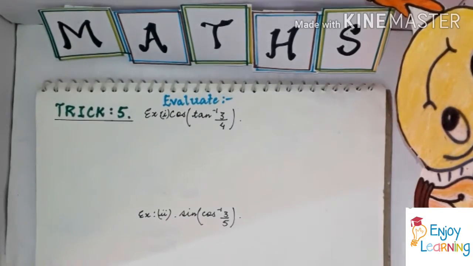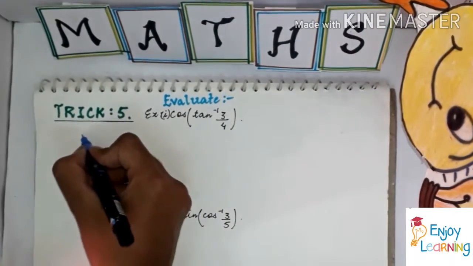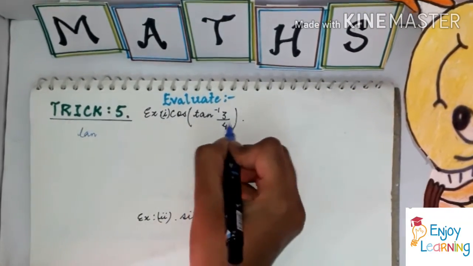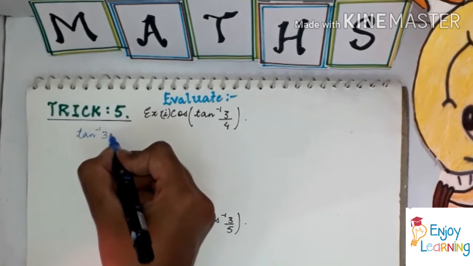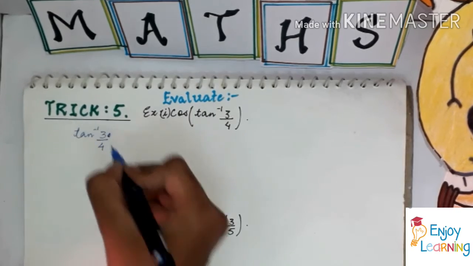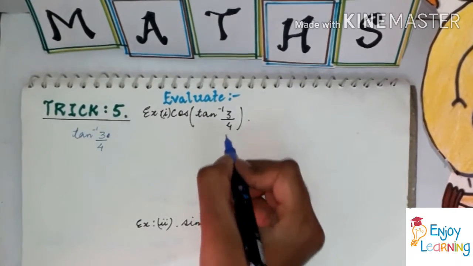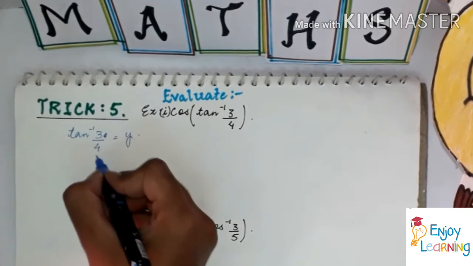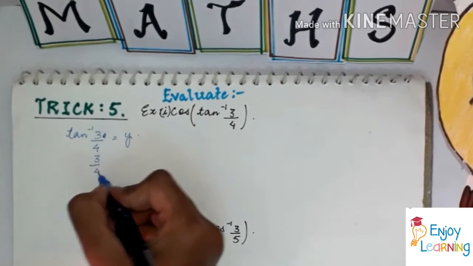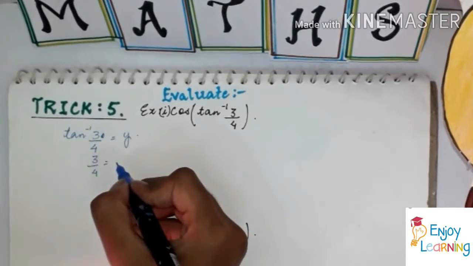Let's see what you have to do. First, let this inverse trigonometric function, in this case tan inverse 3 by 4, be y. So you are getting 3 by 4 is equal to tan y.